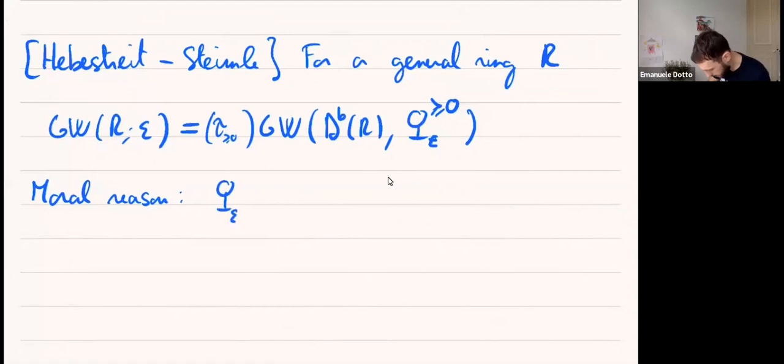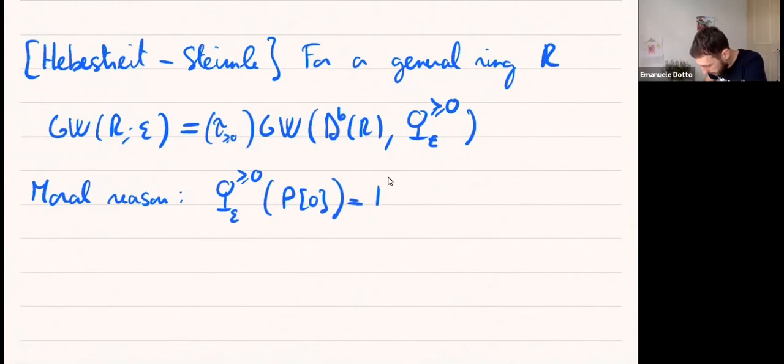If you take this particular one and you evaluate it, so this is a functor on chain complexes, so I can evaluate it on a chain complex given by a finitely generated projective module P that I regard as a chain complex concentrated in degree 0. Okay, the point is that this is some spectrum, and what is the spectrum?